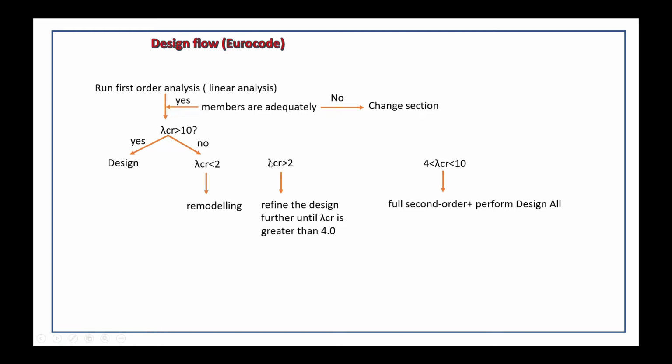And if your lambda critical is less than 2 but in the range 2 or 3, you can refine. You can add more stiffness on the structure until the value of lambda critical is greater than 4.